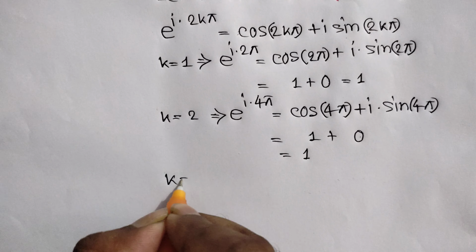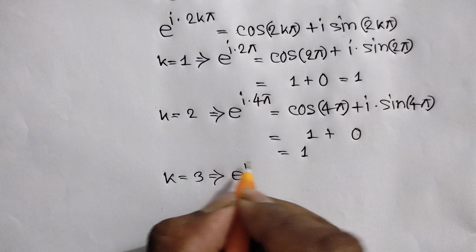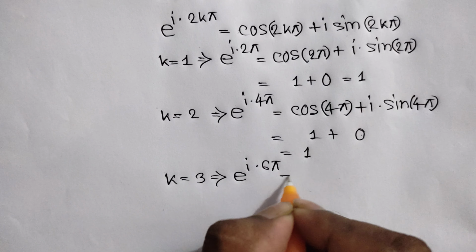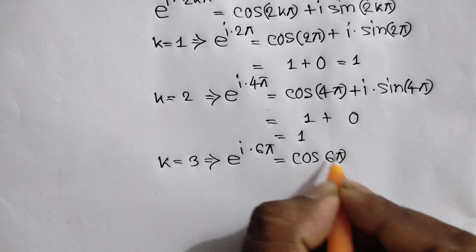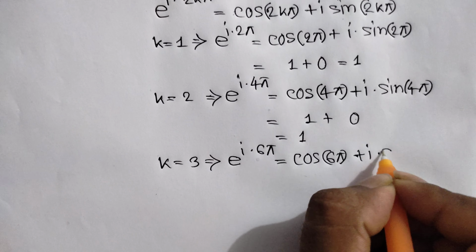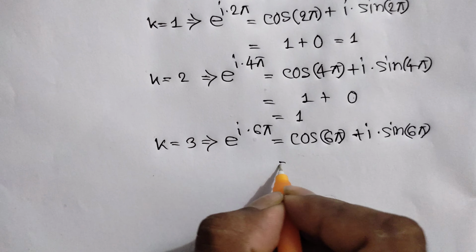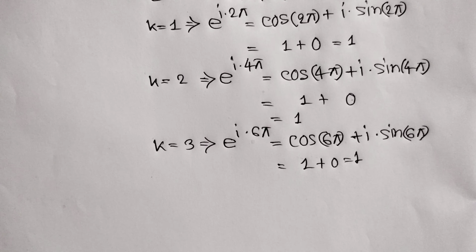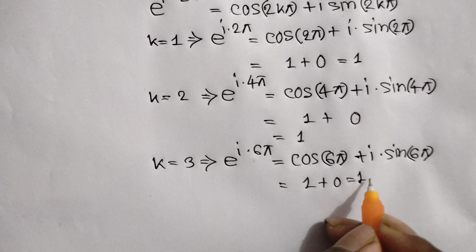Now when k is equal to 3, then we will get e to the power i times 6 pi is equal to cos of 6 pi plus i times sin of 6 pi. So here we will get 1 plus 0 is equal to 1. So whatever number we use, we will find 1.